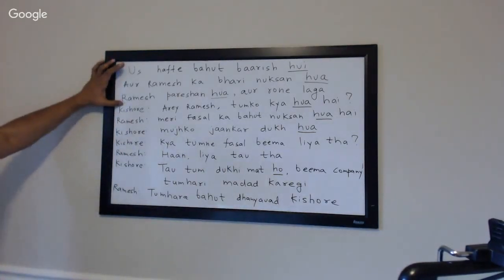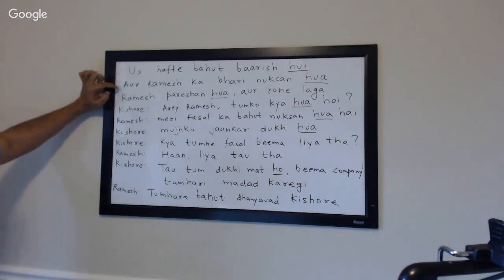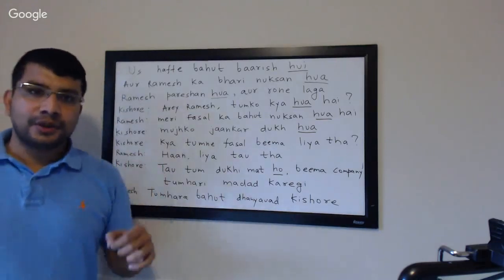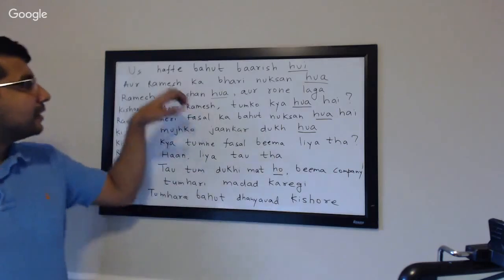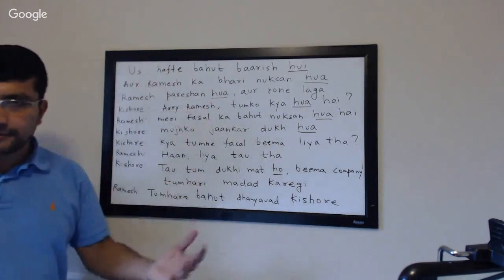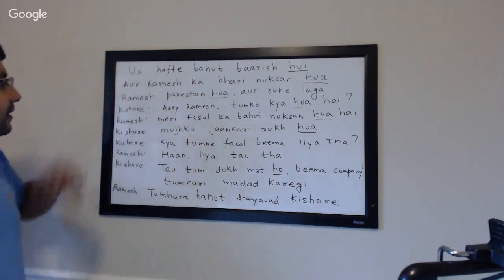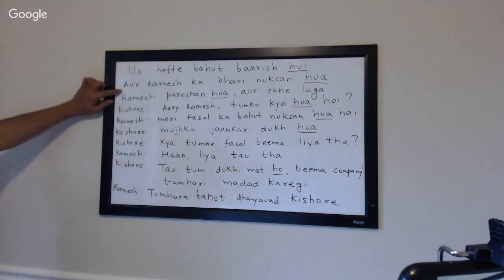Us hafte bahut barish hui. This week it rained a lot. Us is that week. Hafta is a week. That's right. Go for it. So that week it rained a lot. और रमेश का भारी नुकसान हुआ.